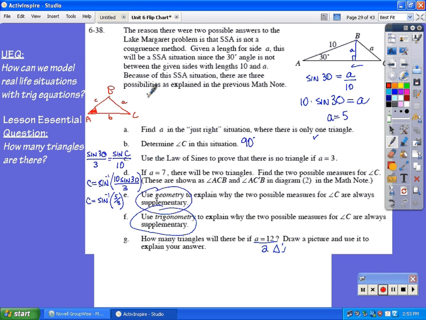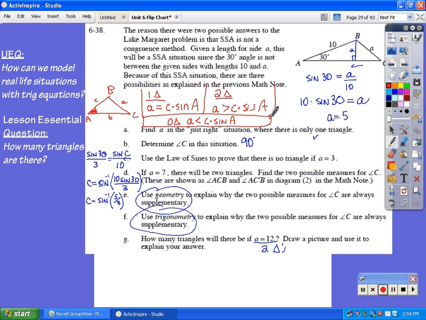One triangle would be when side A equals C times the sine of A. Two triangles would be when A is greater than C times the sine of A. No triangles would be when A is less than C times the sine of A. So there's your three situations. So you can test each problem ahead of time to know what exactly you're looking for. That'd be good information to know.